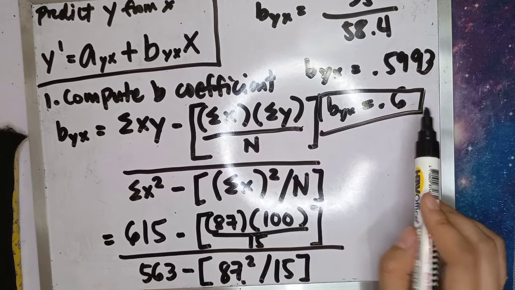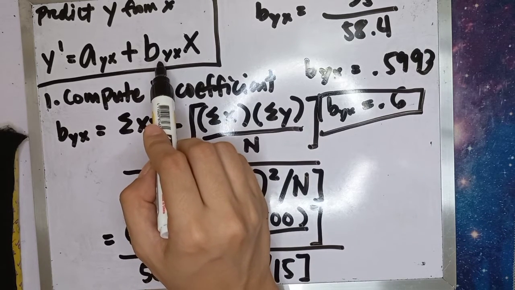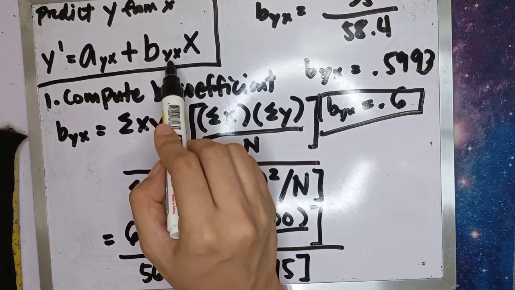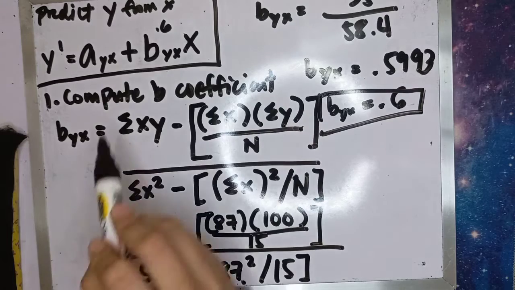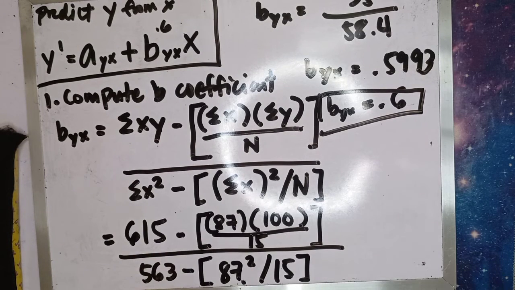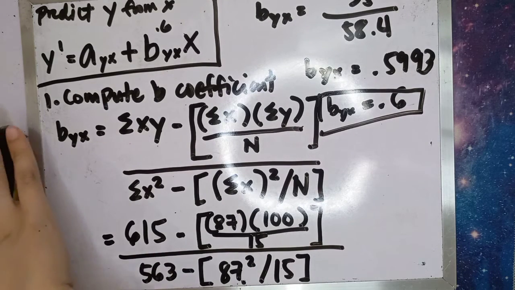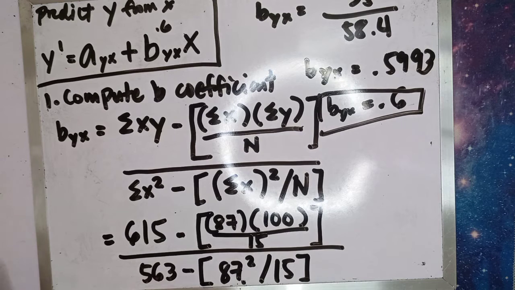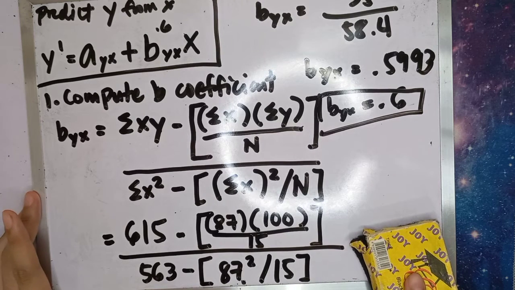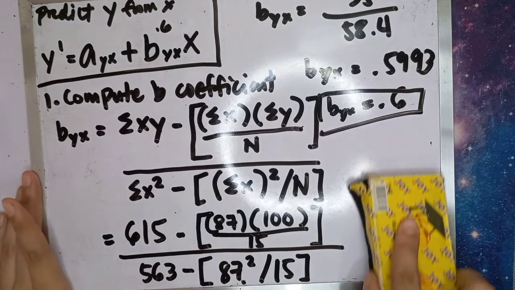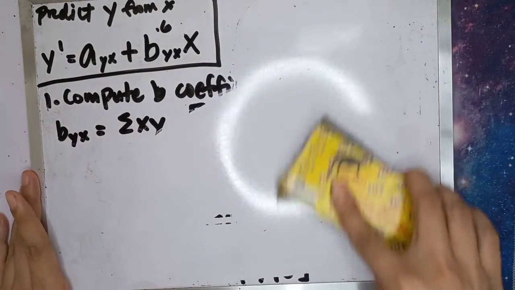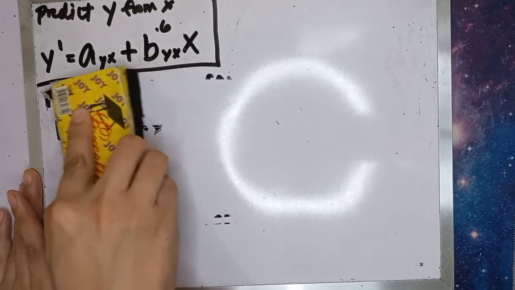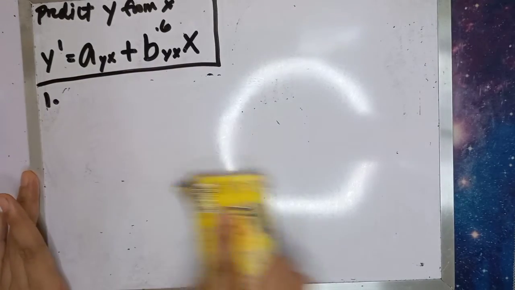So, nakuha na natin ang ating B coefficient ay 0.6. Okay. So, na-compute na natin yung B coefficient. Now is, we will go now to the A coefficient. Dito sa A coefficient, mas madali na siya pag na-compute nyo na yung B coefficient, of course.